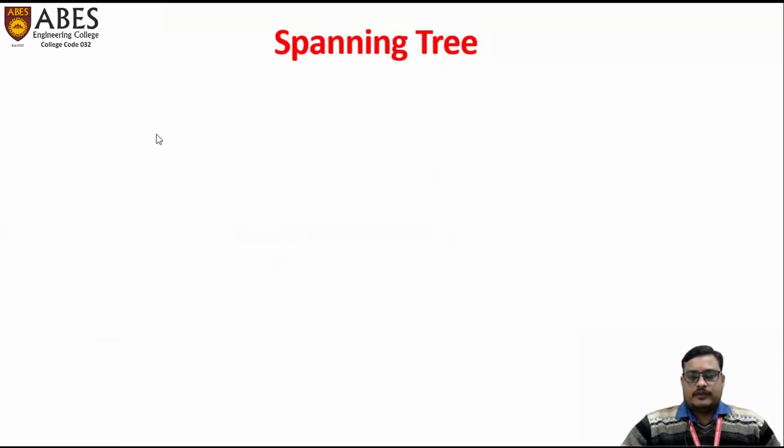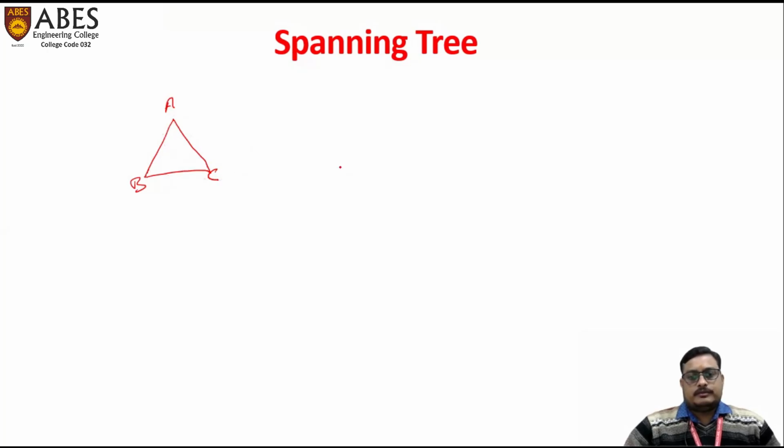Suppose we have a graph. Let us take a simple graph. This is a graph. Here we have three nodes, and this graph is connected like this. We want to find out the spanning tree for this. In this graph, we have three edges in between these vertices.